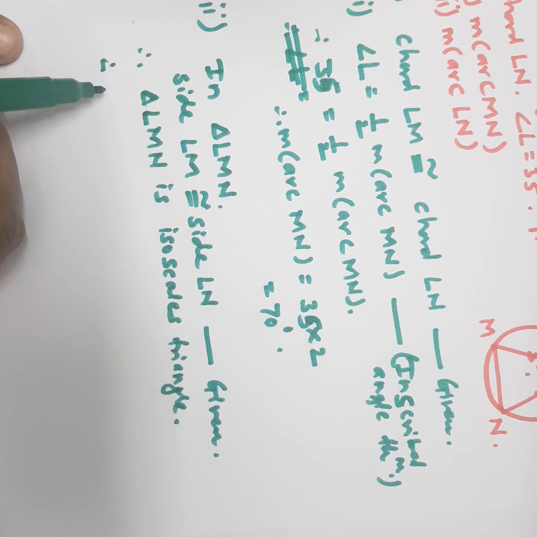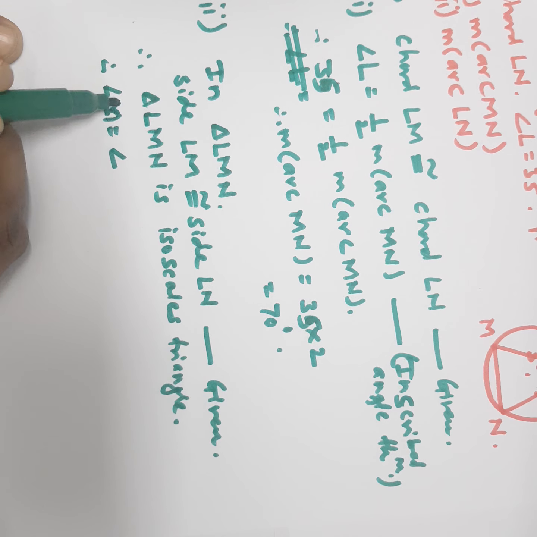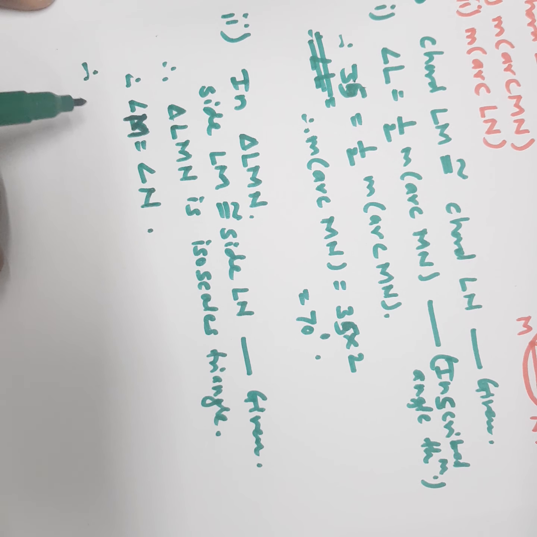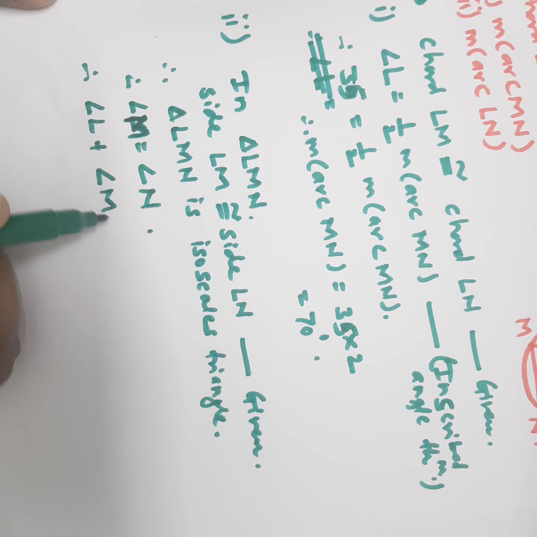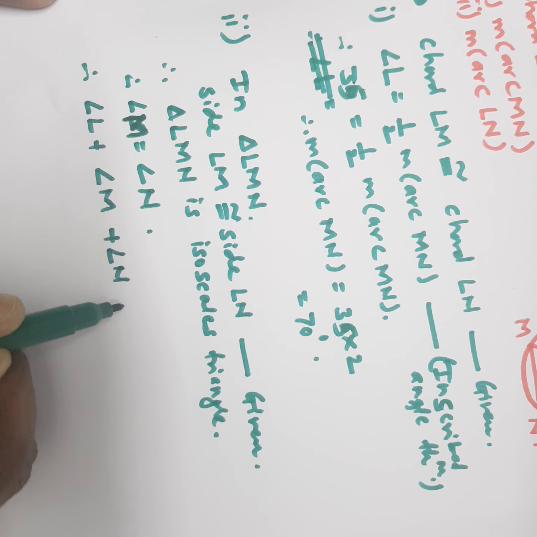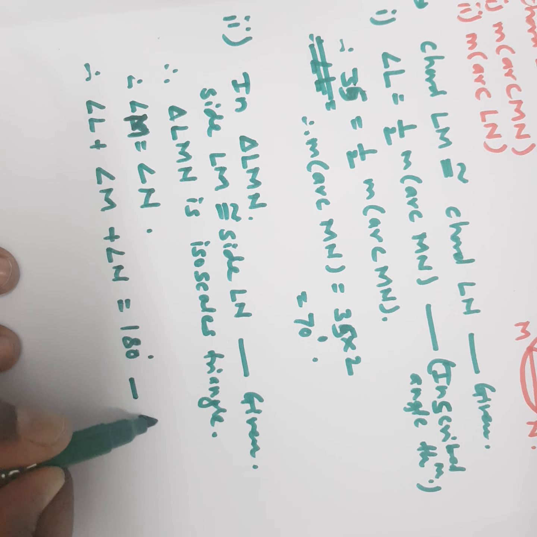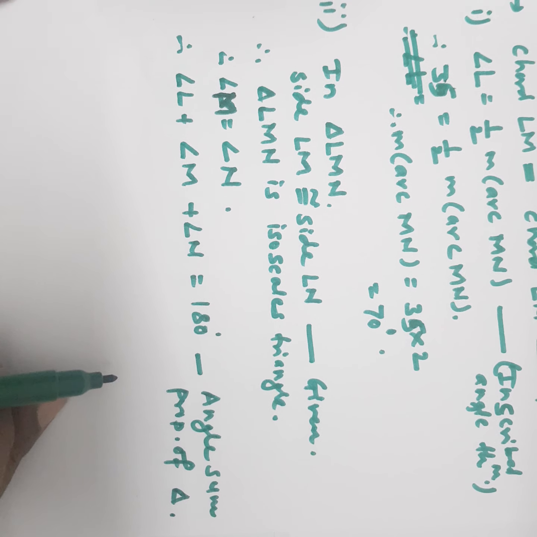Therefore angle L is equal to angle M is equal to angle N. Therefore angle L plus angle M plus angle N is equal to 180 degrees, by the angle sum property of a triangle.